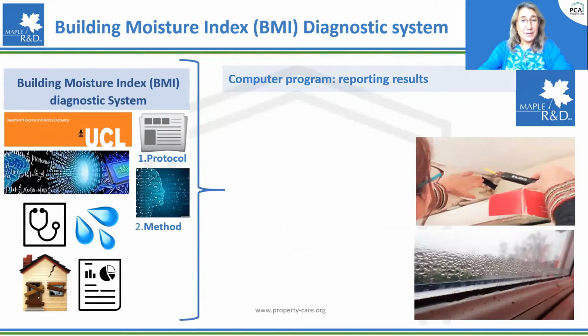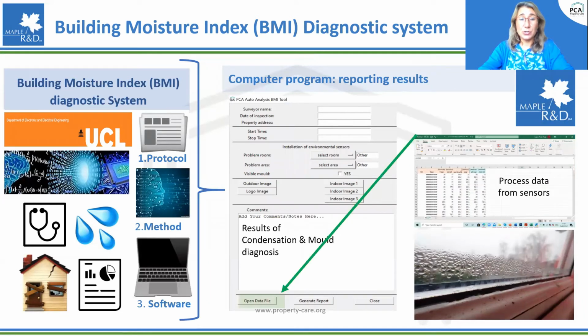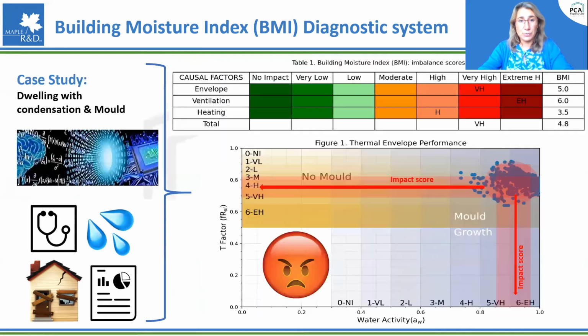We wanted to go further and we developed a computer program to report these results. This is software that processes data from the sensors, Excel files, and generates PDF reports with the results. This is an example, a case study of a dwelling with condensation and mold, where we can see how the data falls in an area of risk of mold growth and a very high moisture imbalance of 4.8 out of 6.